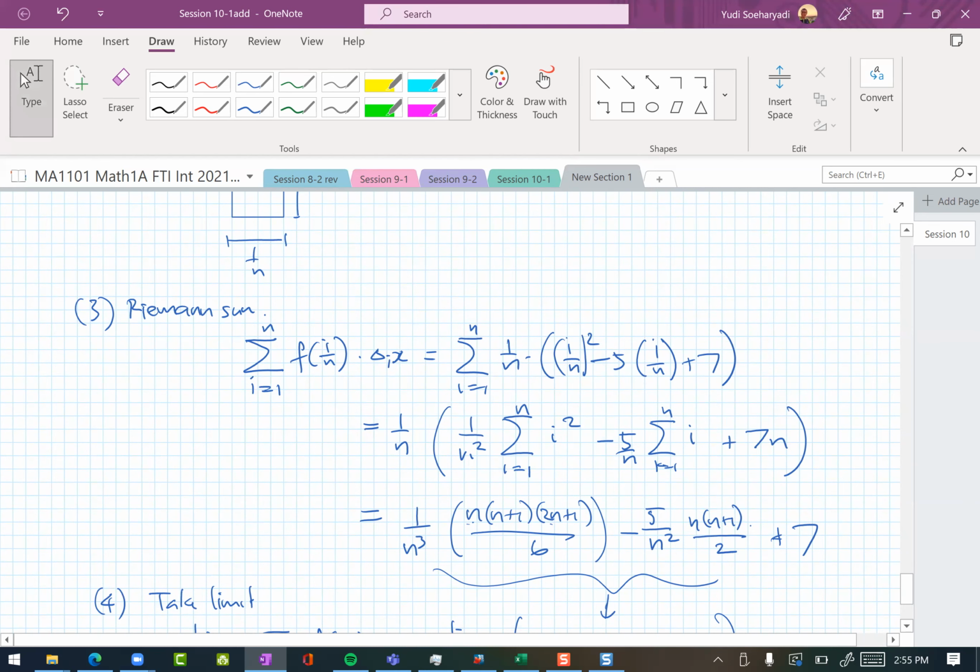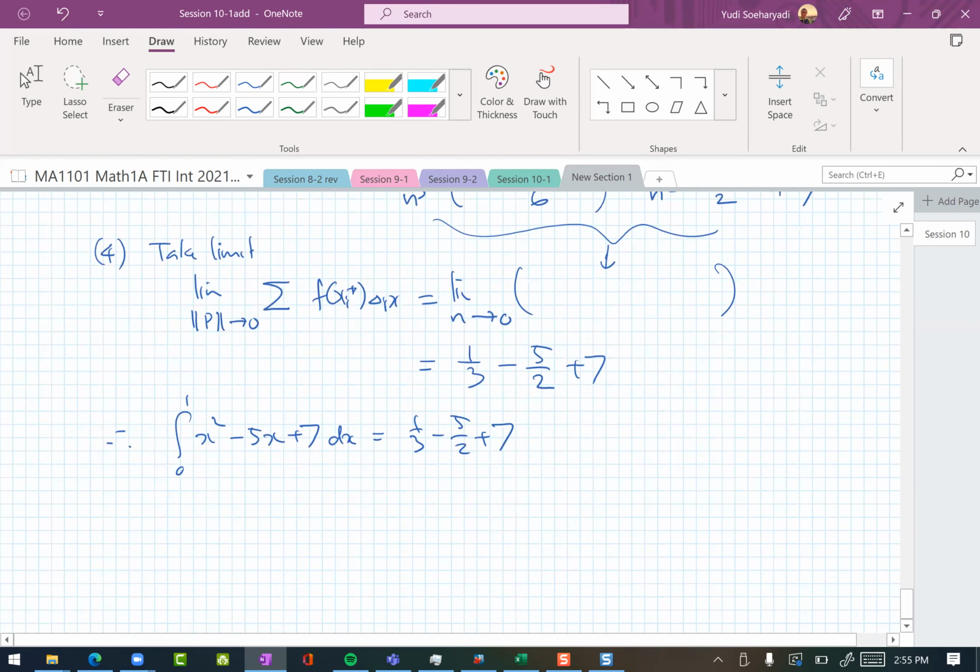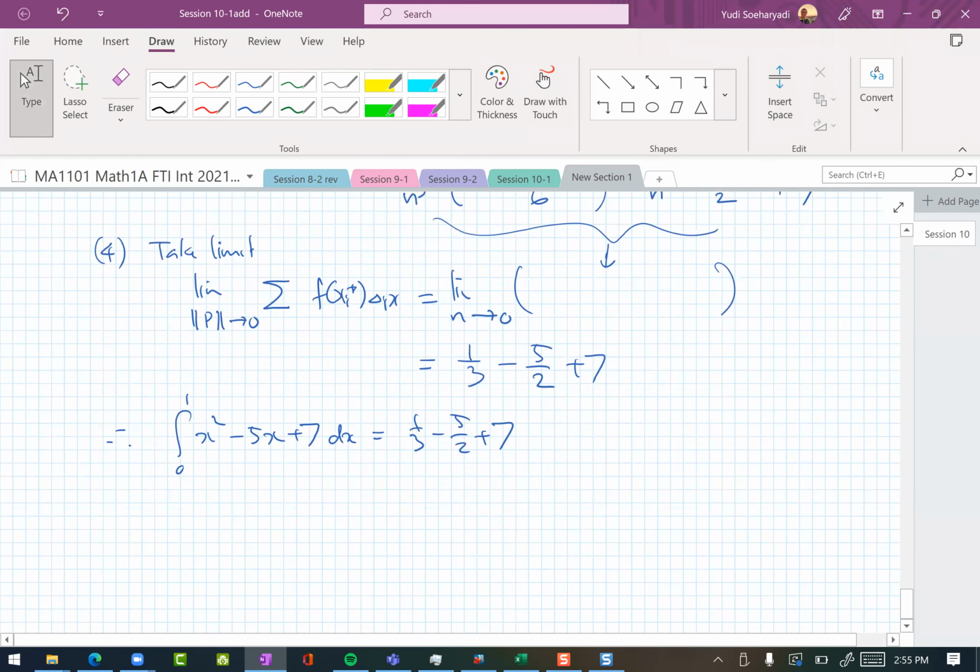So without sigma formulas, you won't be able to compute the integrals. Okay. So, calculating a definite integral is a laborious process.